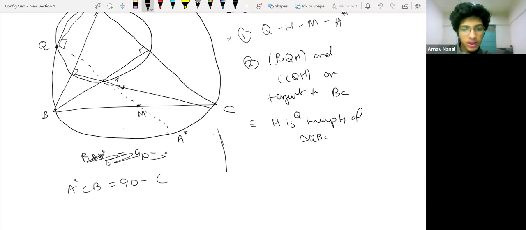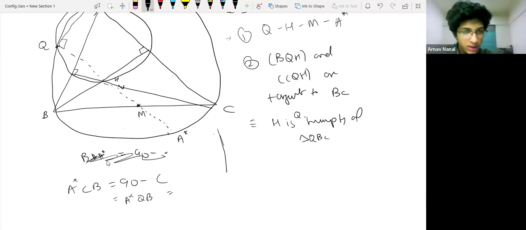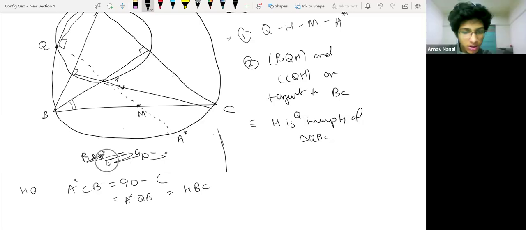And 90 minus C is just equal to A star QB, which is also equal to EBC, this angle, and then HBC. Yeah, done. Nice. Okay, so this was the proof.